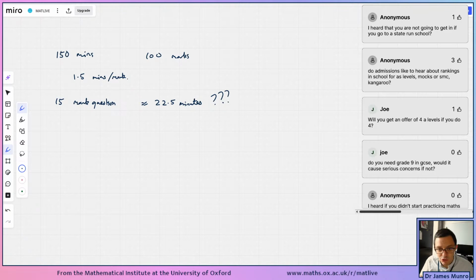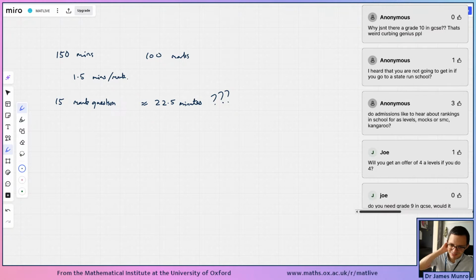But equally, they might just not say that. And we're not going to follow up to find out if you did a Kangaroo. We're not going to email people and start trying to work out, third best in the school on that day. We're just going to look at the maths. We don't need to dig into your previous ranked performance because we've got our own maths test, which is very good.